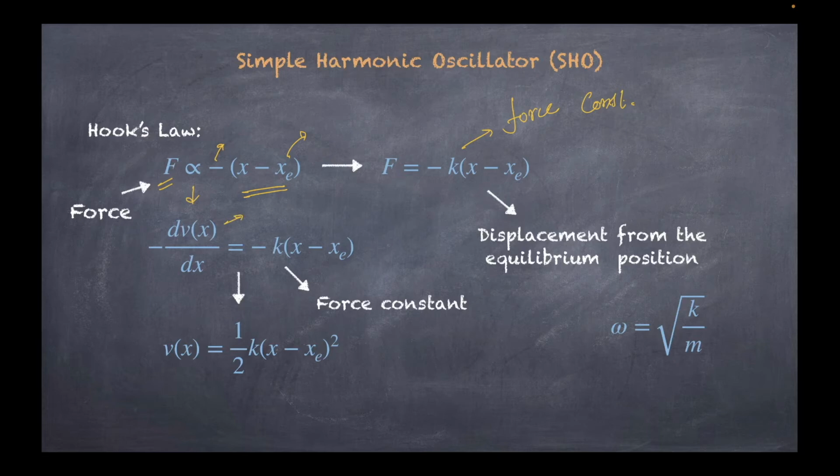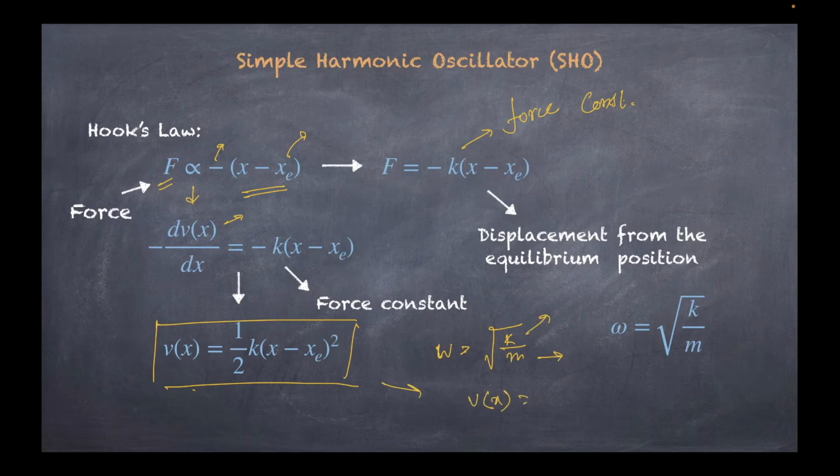So minus dV(x) by dx equal to minus k times x minus xc, and from this equation we can write down the expression of potential energy function, which is V(x) equal to half of k times x minus xc square, where omega is the angular frequency of the harmonic oscillator, omega equal to root over k over m. K is the force constant, m is the mass of the oscillator. So V(x) will be equal to, if you substitute k here, half m omega square x minus xc square.